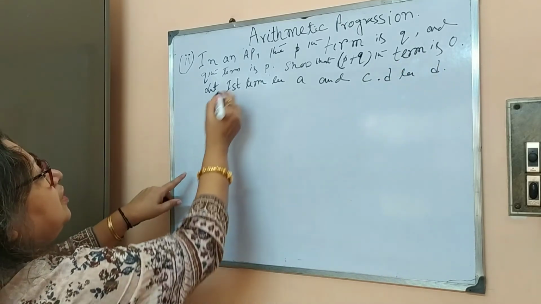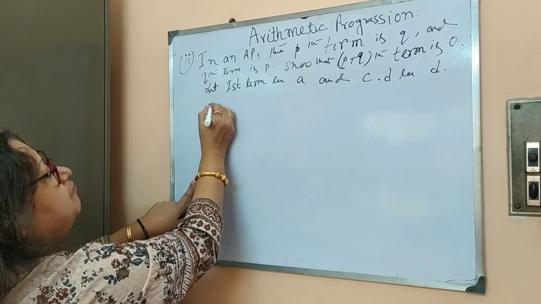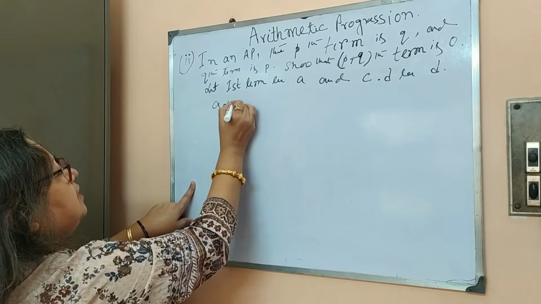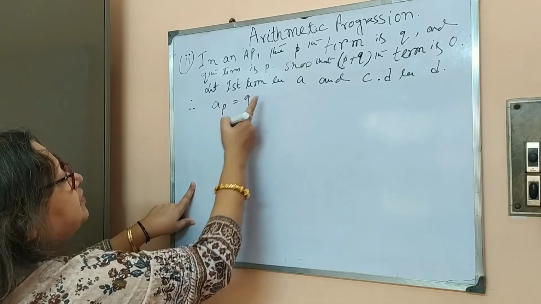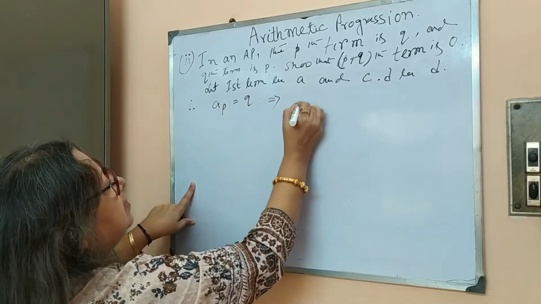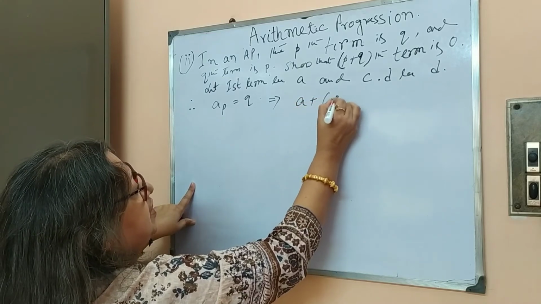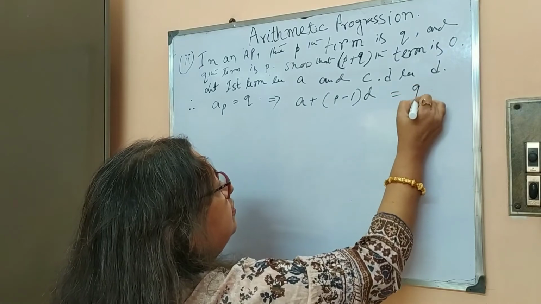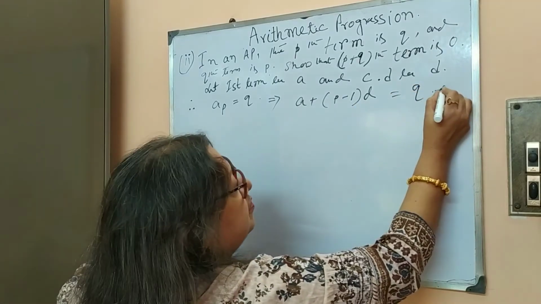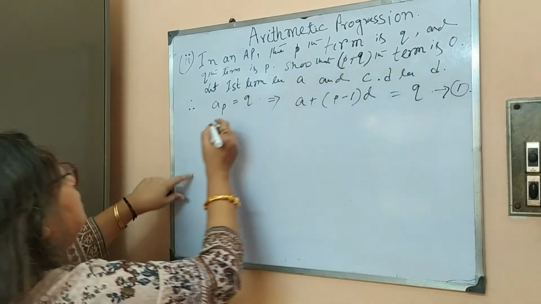Now the pth term is q, means Ap is equal to q. This implies a plus p minus 1 into d is equal to q. This is equation number 1.